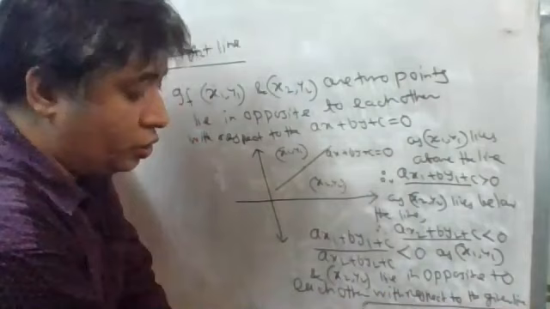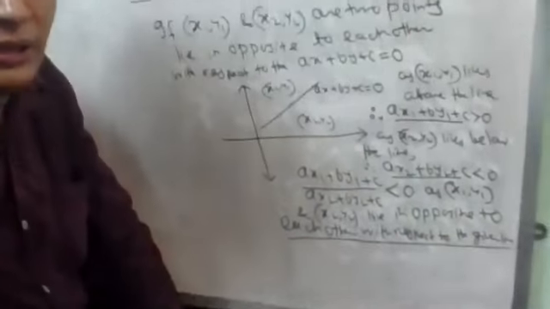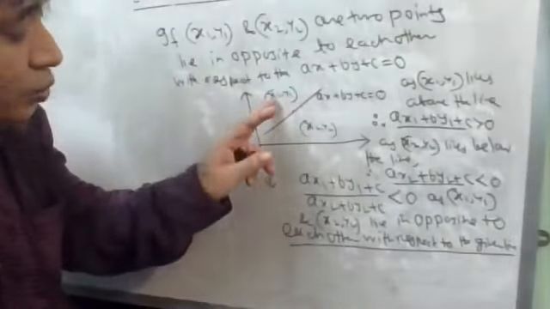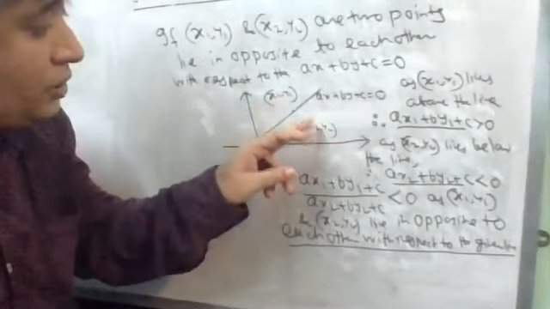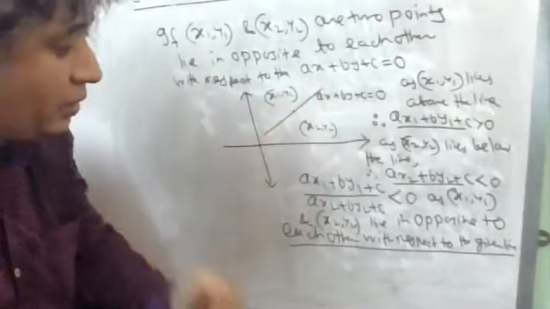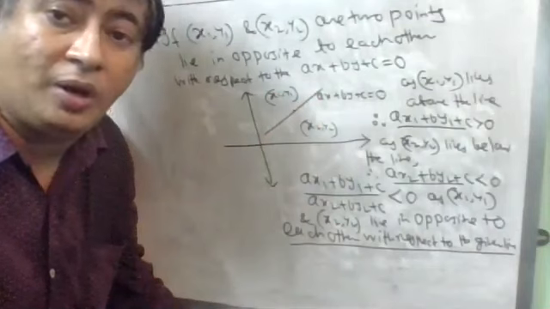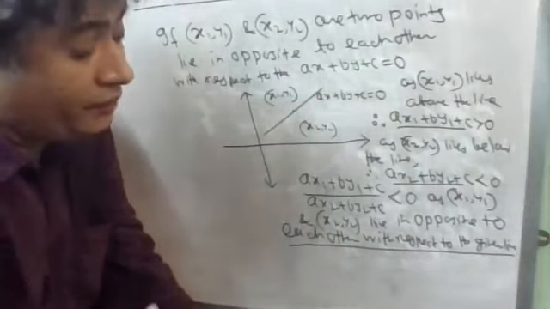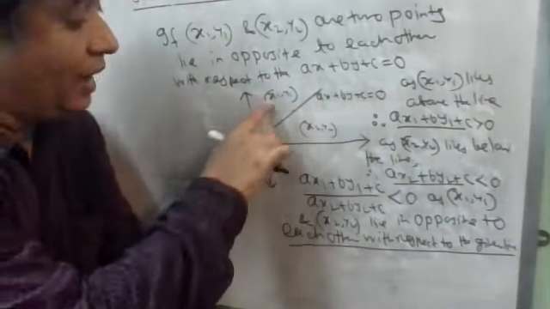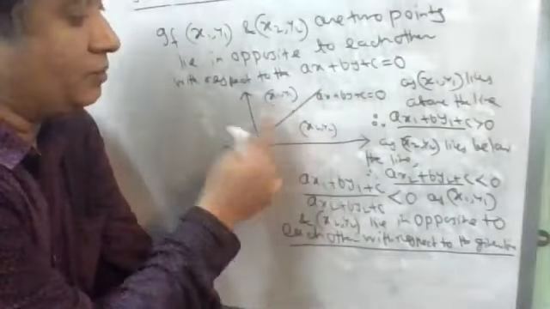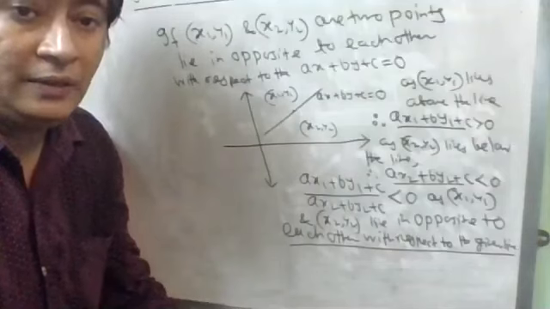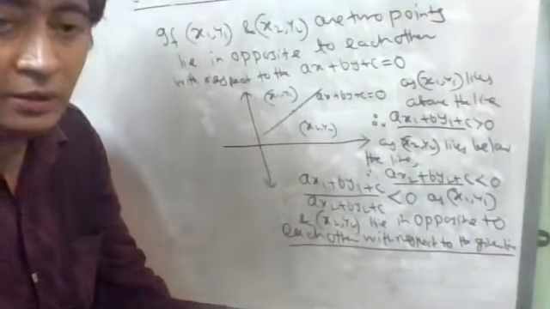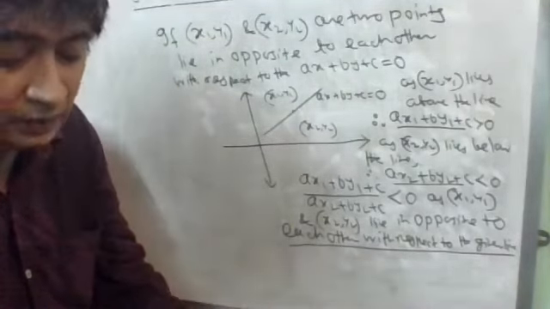Okay, so hope you understood that this condition, where two points lie opposite to each other with respect to the given line, will play an important role in finding the interval where the point lies if they lie in the opposite direction of the straight line. Okay, hope you understood. I'm rubbing now.